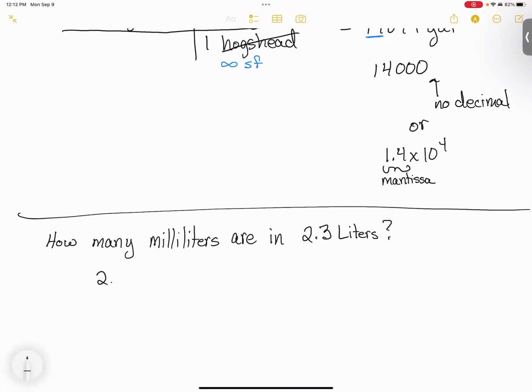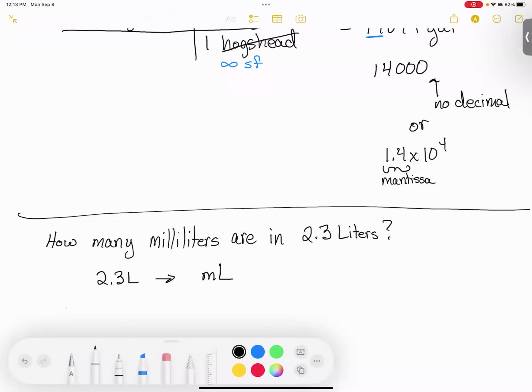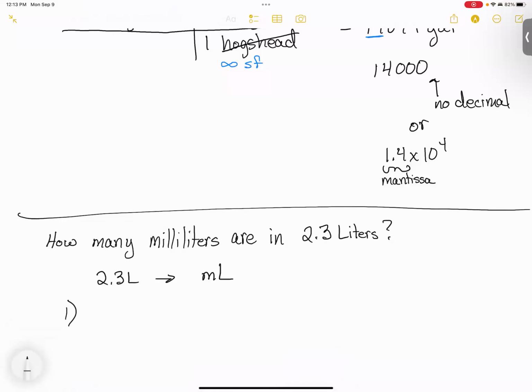So I'm taking the 2.3 liters and I'm converting it into milliliters. Step one. Do the terms have anything in common?